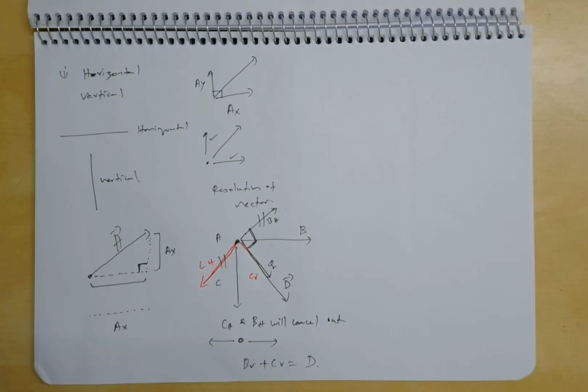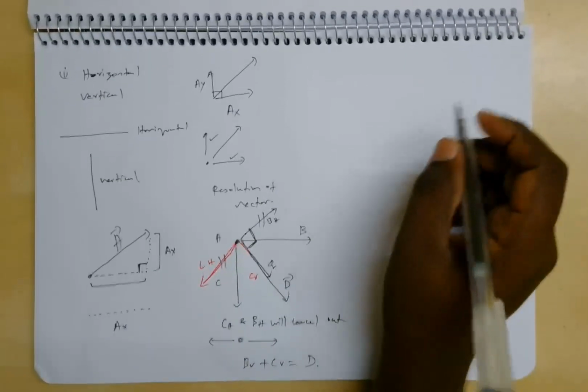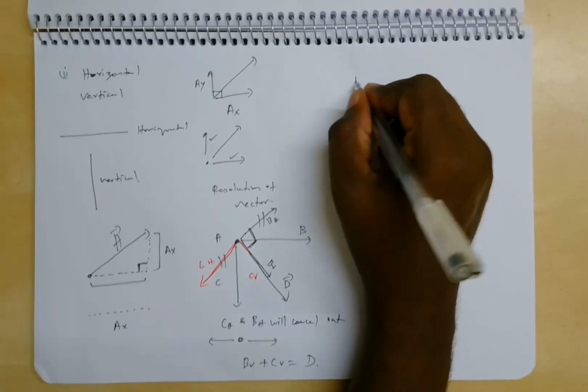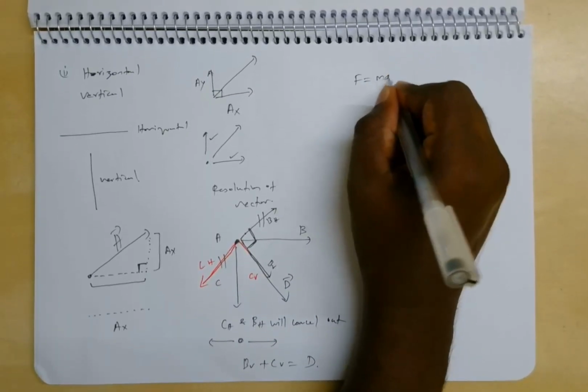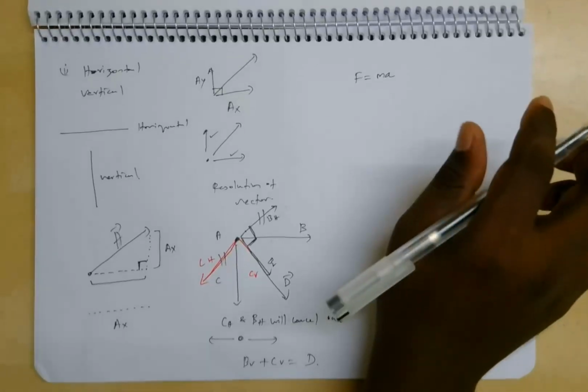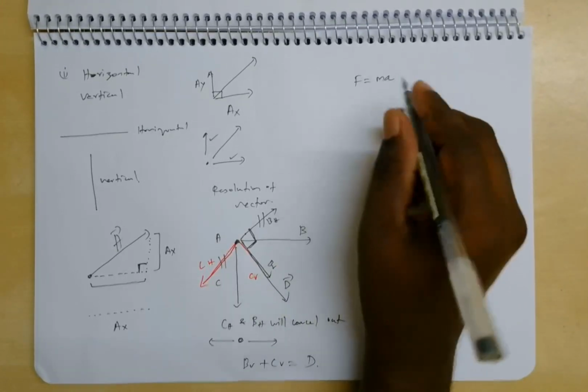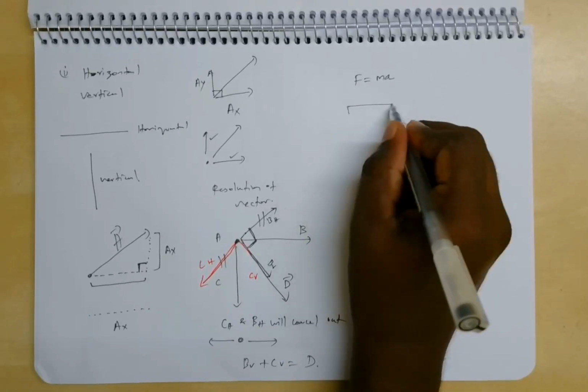Okay. Now let's solve a small problem. I think you know this equation: force is mass into acceleration. Now, let's say that there is a train.